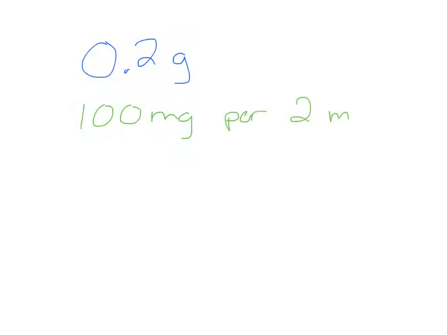Let's say we have doctor orders 0.2 grams of medication, but that medication comes in, let's just say 100 milligrams per 2 milliliters.